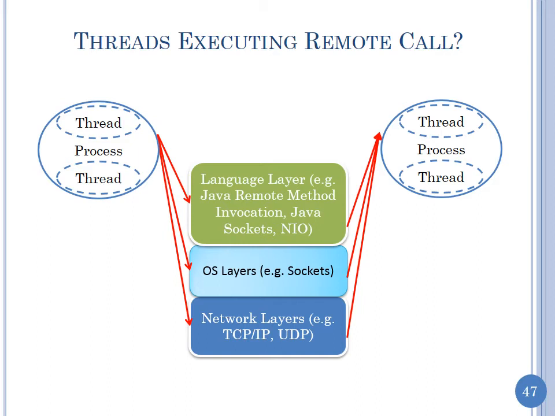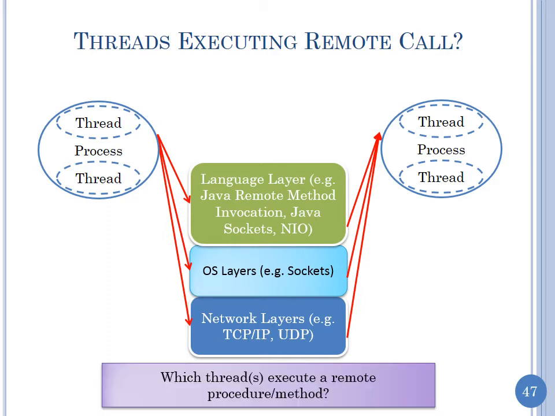But the remote call is executed by the system, and we may or may not know what thread is executing those remote calls in the callee. I say we may or may not know because in some RPC systems we do know. So that's the question: which threads execute a remote procedure method in the callee?